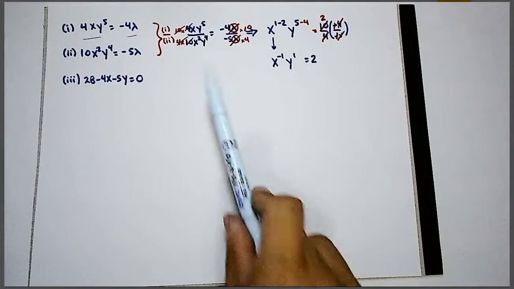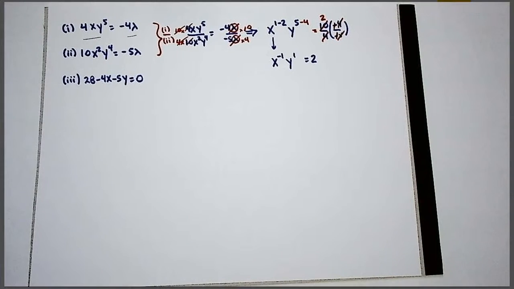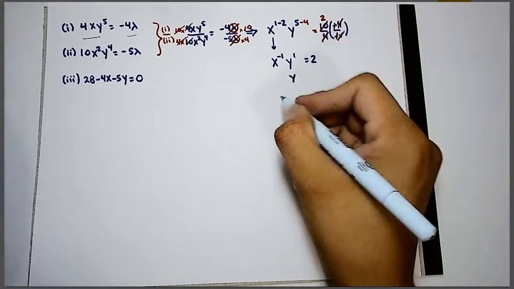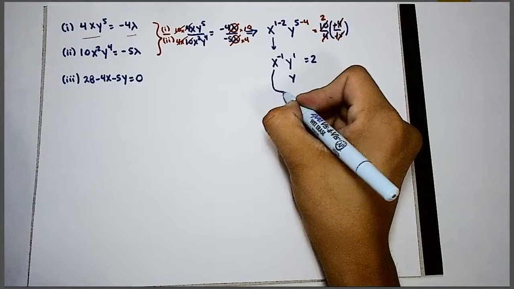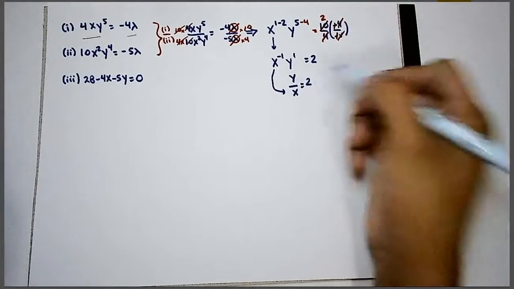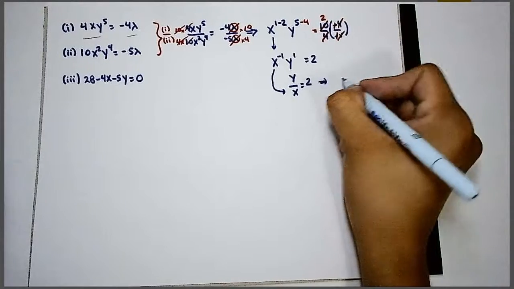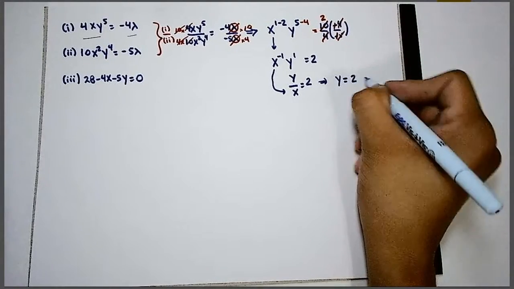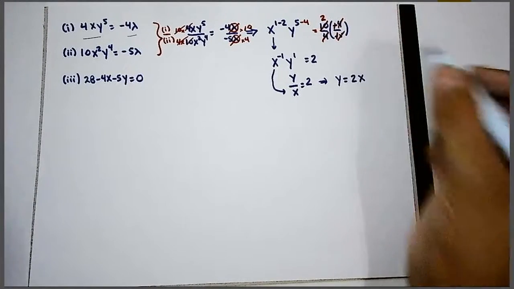So as you can see, all these fractions were simplified to this. And this we can move as y over x, so this is equal to 2. In other words, the optimal relationship that we will obtain is y equals 2x.